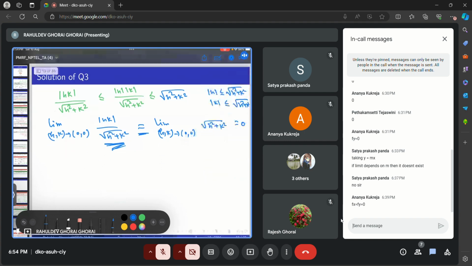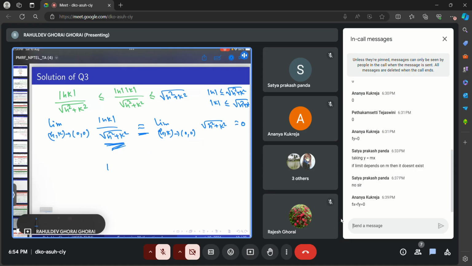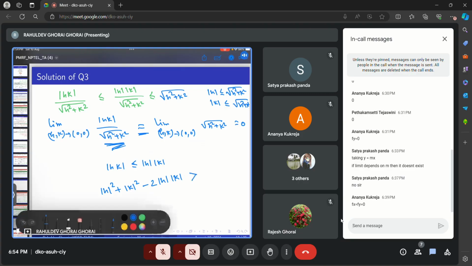Okay, so also what you can write, this |h| times |k| is nothing but the product of moduli. Now what we will see: h² + k² minus 2 times |h| times |k| is greater than or equal to 0. Why? That is equal to (|h| − |k|) whole squared, that is greater than or equal to 0, right?